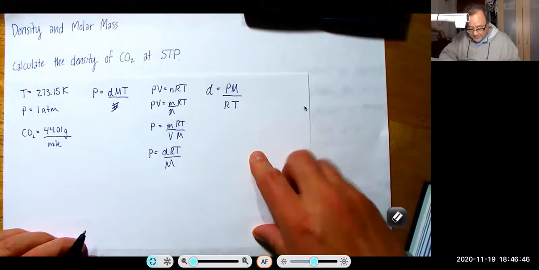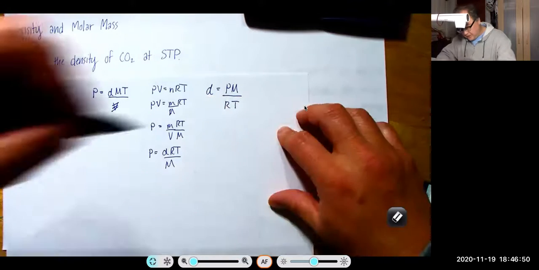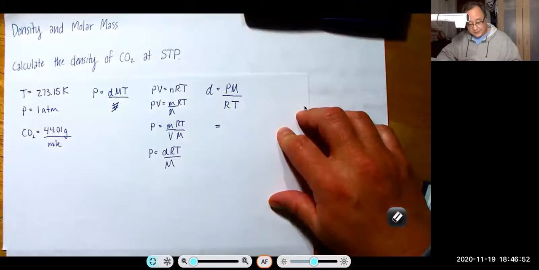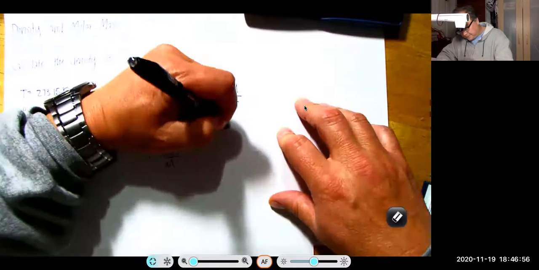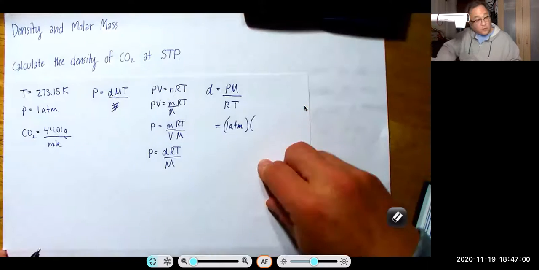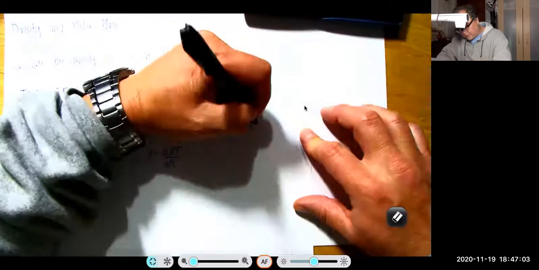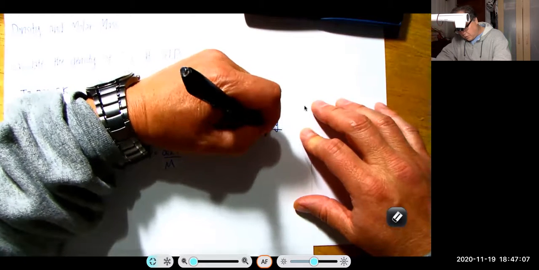So now that I have density on one side, and that's what I want, I can just do a plug and chug. Of course, you want to show your units. So the pressure here is 1 atmosphere. The molar mass is 44.01 grams per mole.